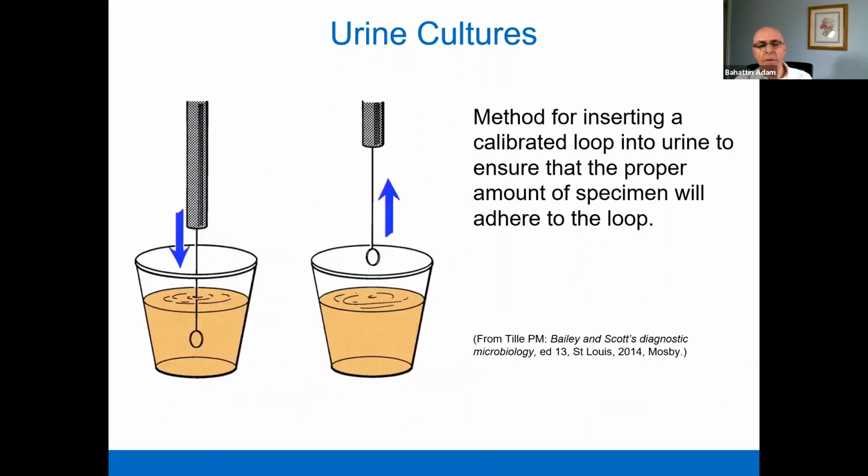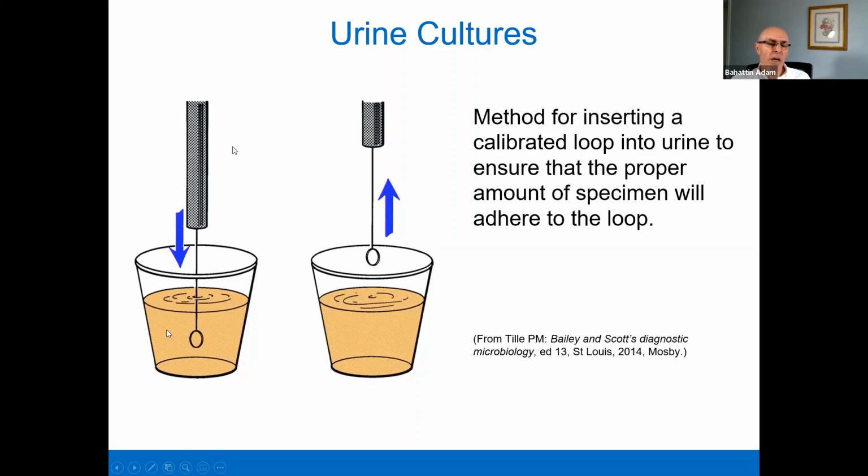For urine culture, these are the techniques for plating the urine sample. As you see, the method involves inserting a calibrated loop into urine.